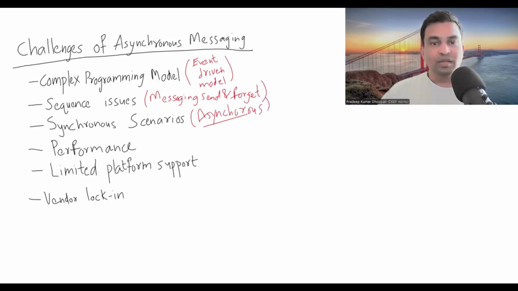So this is another challenge with the asynchronous messaging model. When you have to solve some integration problems, you have to keep these consequences in mind before you come to a conclusion to use a certain messaging system. I would stop here and continue.